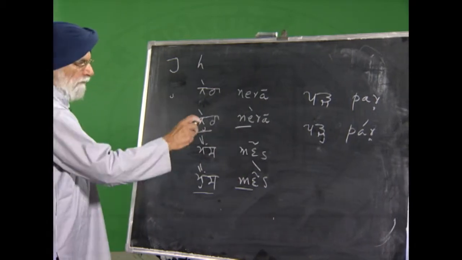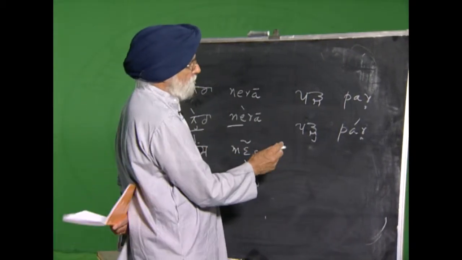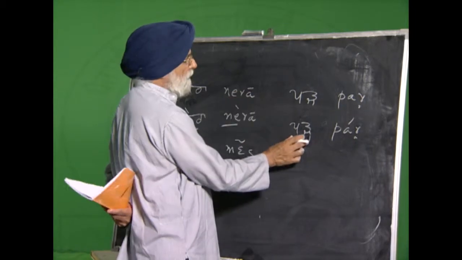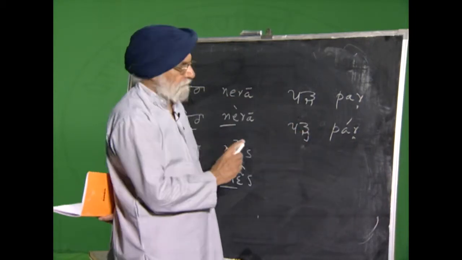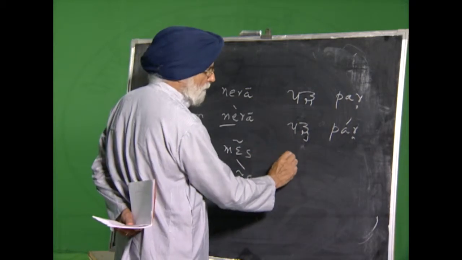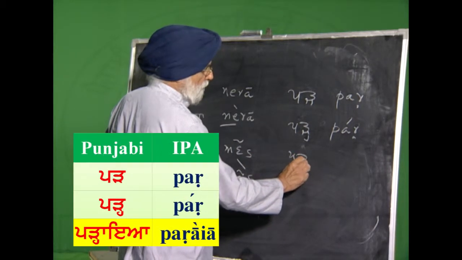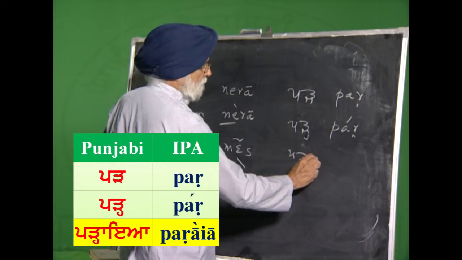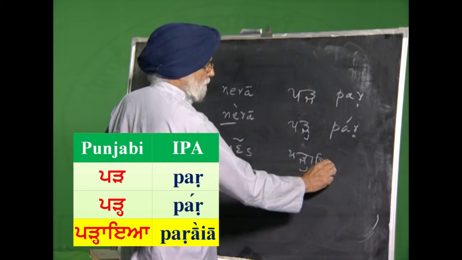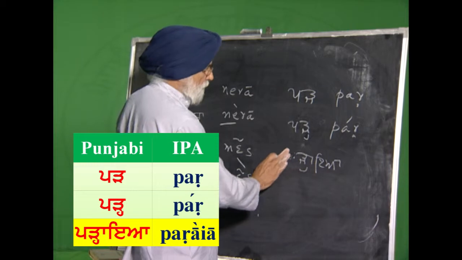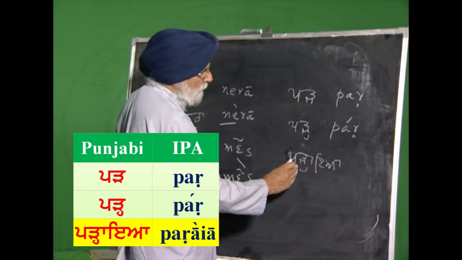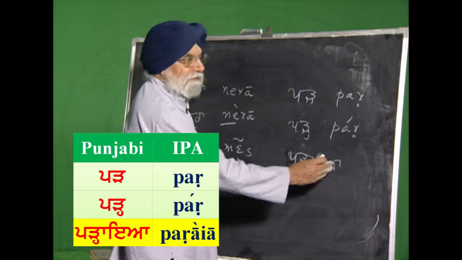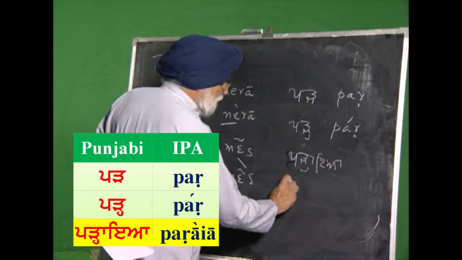This is at the word final position, but if it is not at the word final position, if it is the beginning of the second syllable in the word, then it is different.